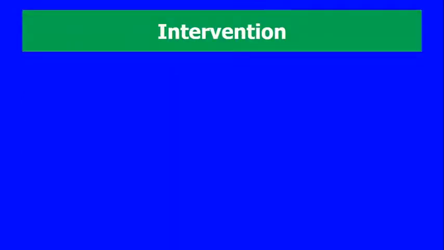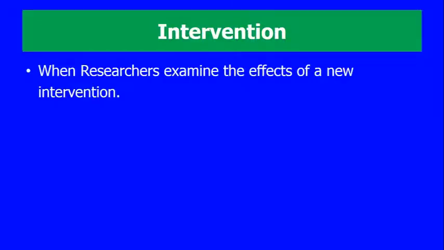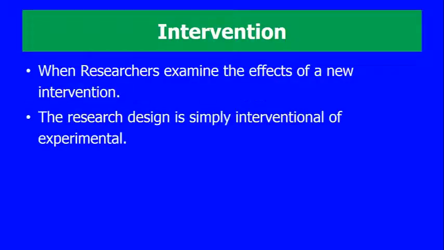What about the intervention? Intervention, as we have mentioned, is when you manipulate the independent variables. When a researcher examines the effect of a new intervention, automatically the research design is simply interventional or experimental.